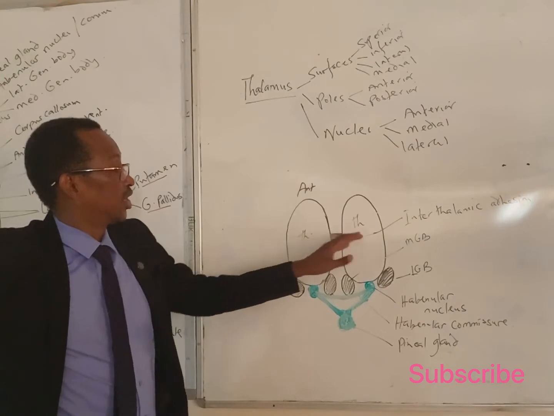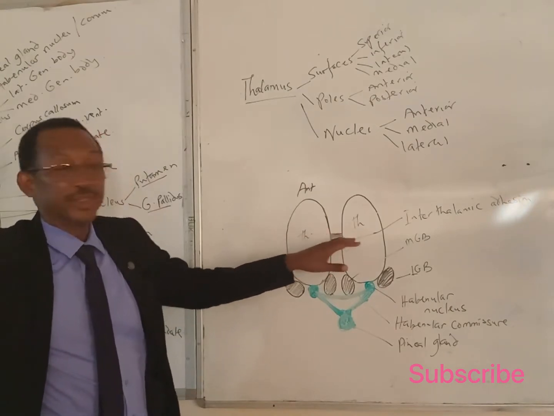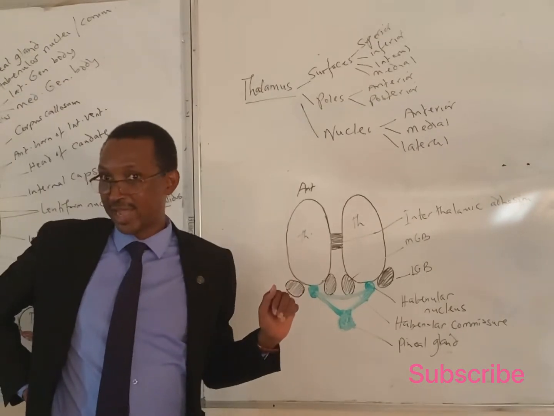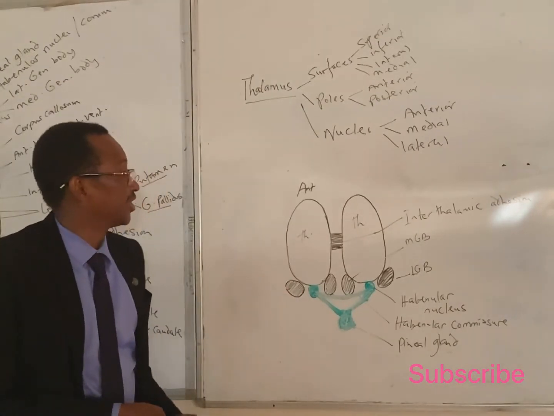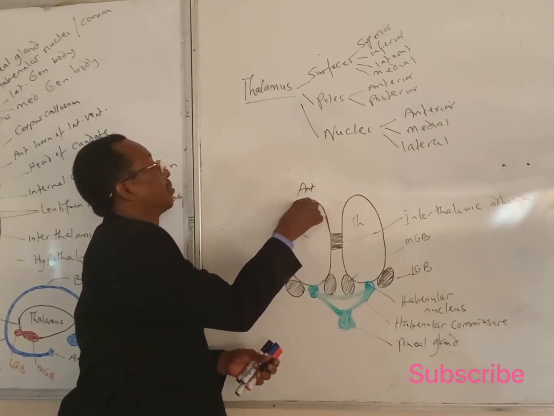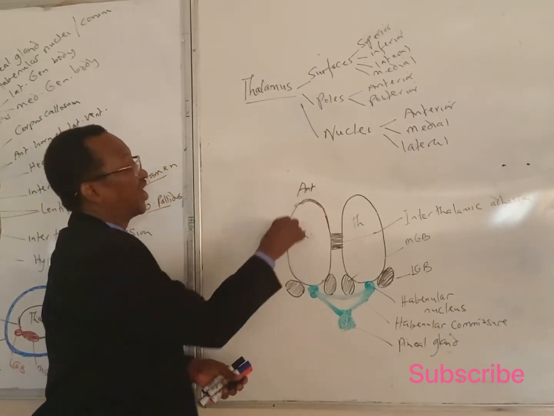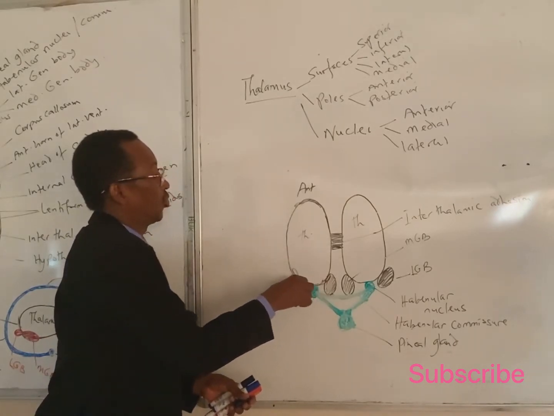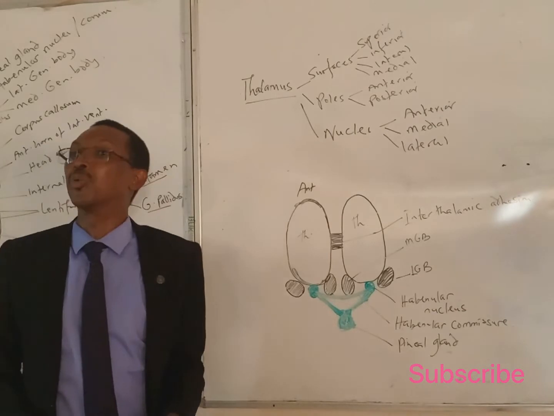So as we said before, each of the two thalami is an egg-shaped structure. It has an anterior end, which is round and narrower than its posterior end, which is also round but broader.